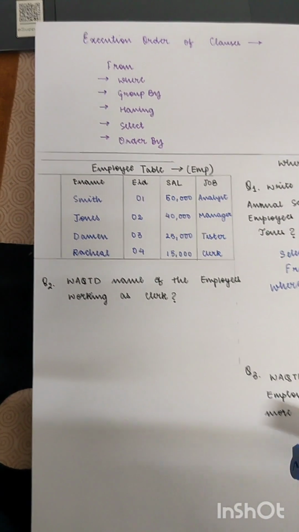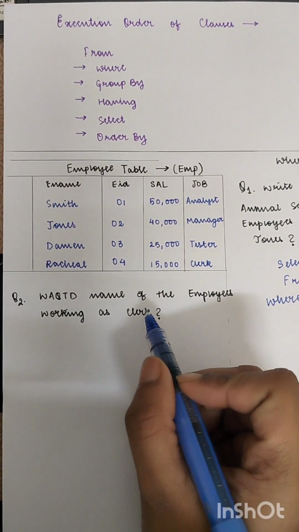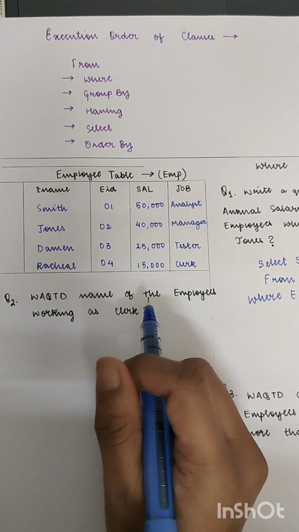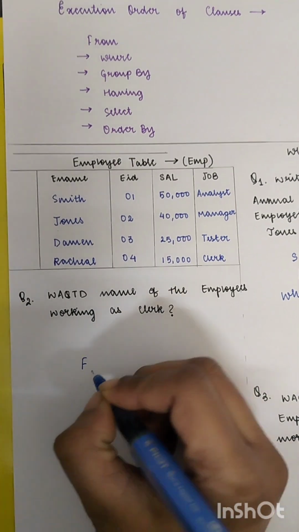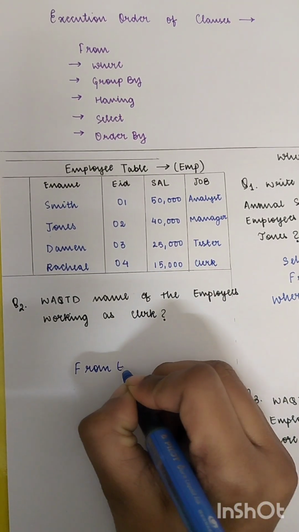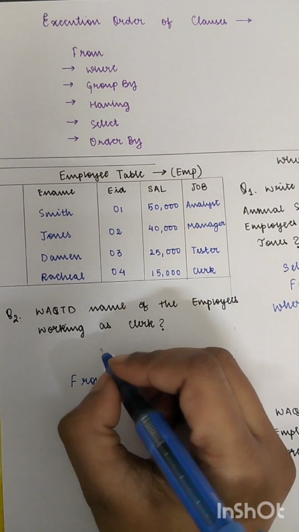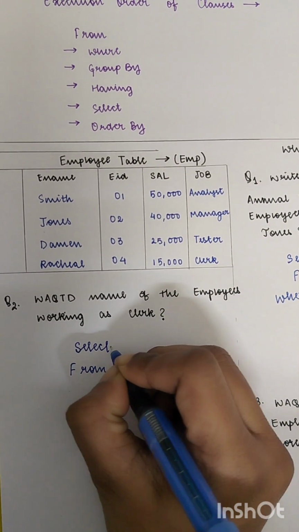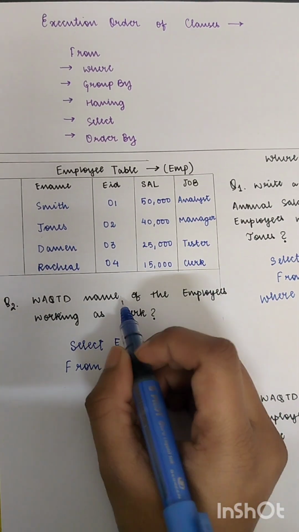Now, second question. Write a query to display names of the employees working as clerk. Now same we have to do it. We want it from the employee table, so we will write it from EMP. This is the table name. Now select names of the employee we want.